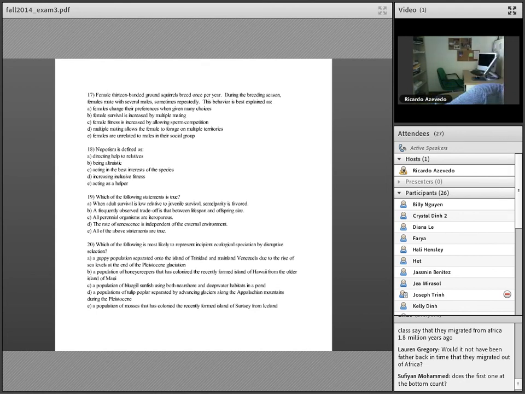Actually, let me just double check if you use the root as well. I'm pretty sure you don't. Sophia asked, does the first one at the bottom count? That was exactly my question.